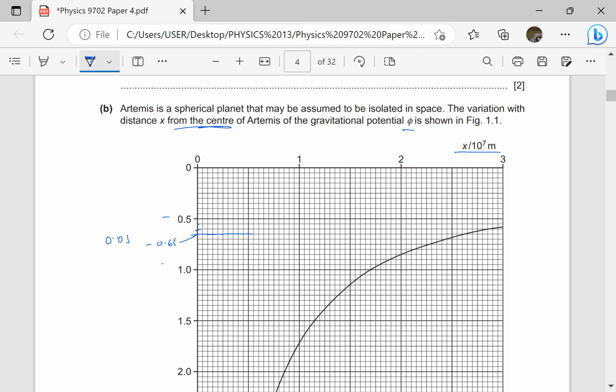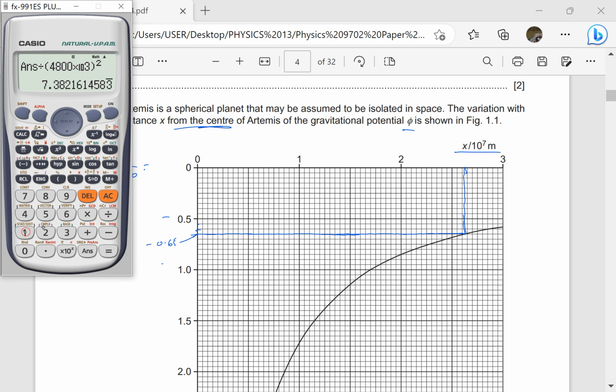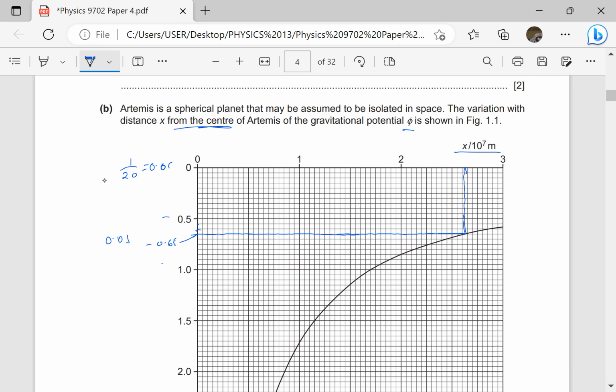So 0.65 negative is along this line. Okay, I see it is in the middle there, so I'll draw a vertical line around here. The scale on the x-axis is, I think, there are 20 small boxes, each small box is 1 divided by 20, that is 0.05.